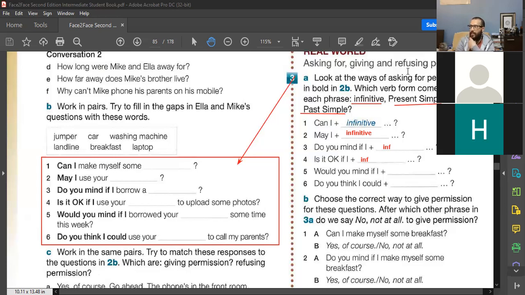Do you mind if he uses, or do you mind if he use? I think it's a subject question. Okay, let's write infinitive for now, and then we can check.